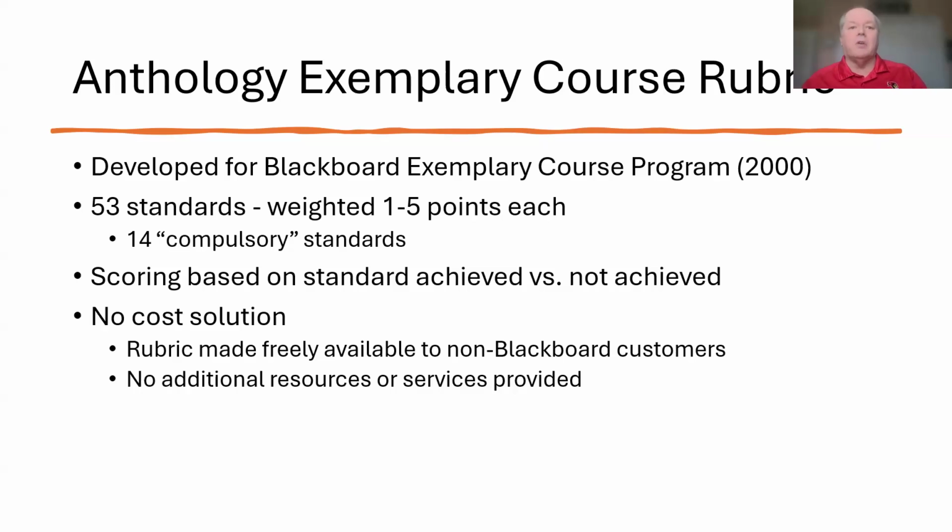So not every standard is equal in weight. And then there are 14 of them, the 5-pointers, that are called compulsory standards. These are the deal breaker standards. These are the ones that Blackboard would expect that you would have in these courses.